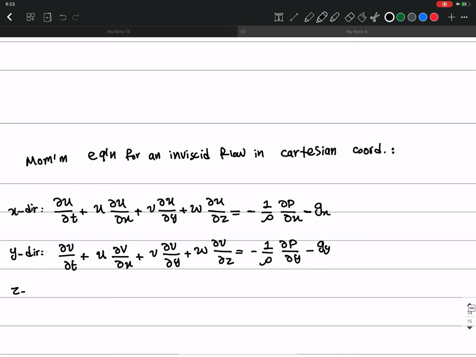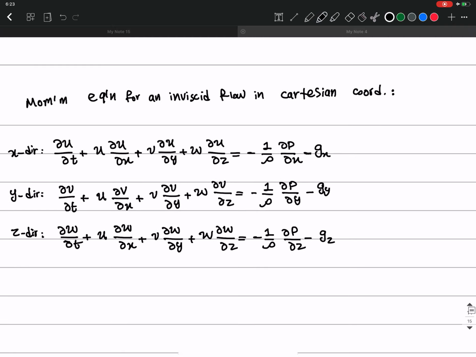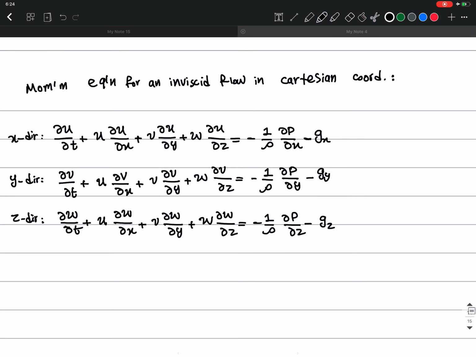And then in the z direction, it's going to be partial w over partial t plus u partial w over partial x plus v partial w over partial y plus w partial w over partial z equals to minus 1 over rho partial p over partial z minus g z. Okay. So this is momentum equation for an inviscid flow in Cartesian coordinate.